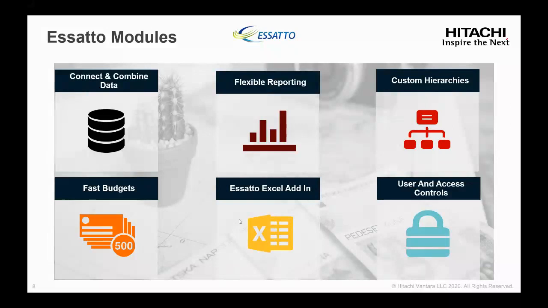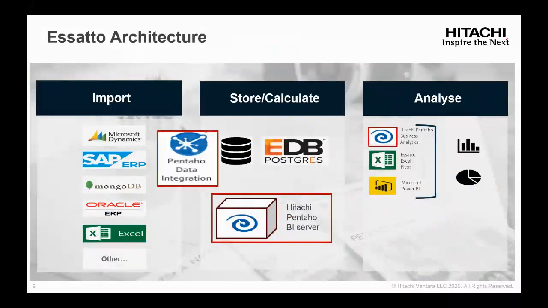In terms of the architecture, this slide gives you a good idea of what's sitting under the covers of Essatto. You can see here that the Hitachi Pentaho solution figures prominently. Embedded in the Essatto solution is the Pentaho Data Integrator, and we leverage that extensively to pull data in from whatever source we need.